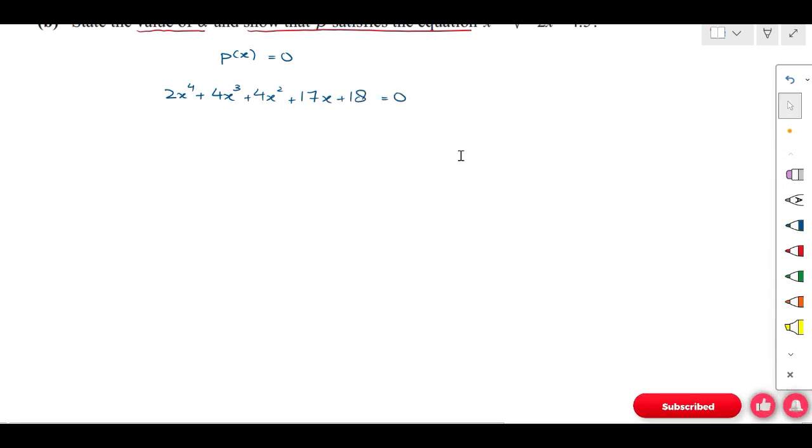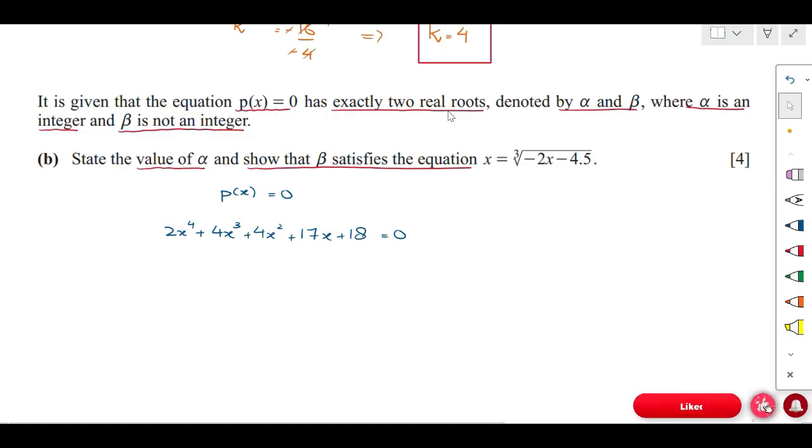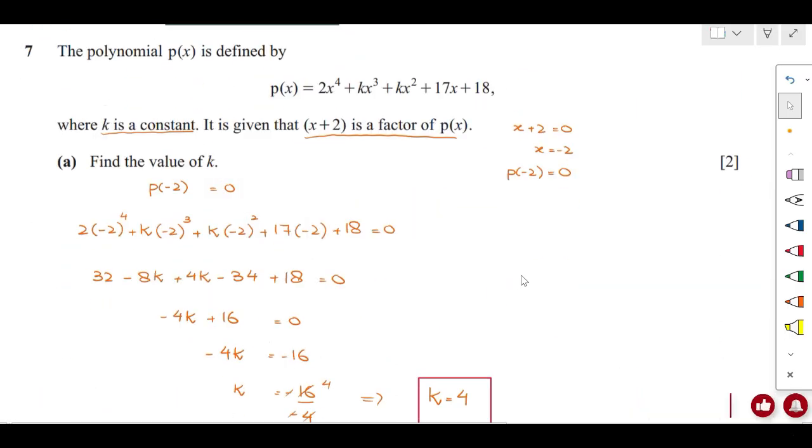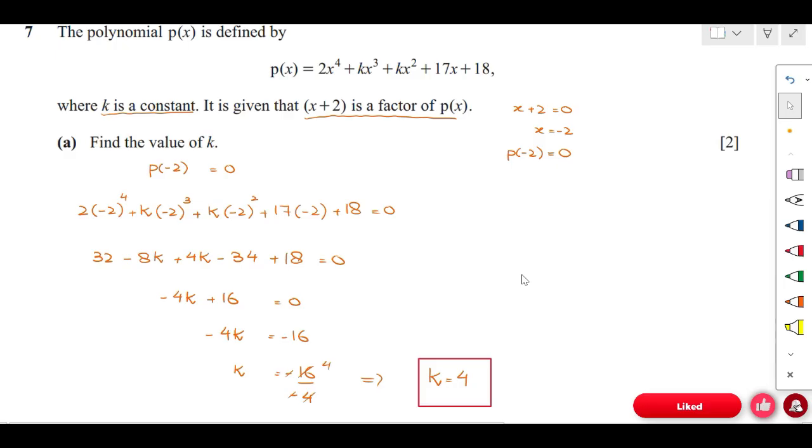So p of x equals 0 has exactly two real roots, and we are given that x plus 2 is a factor of the polynomial. So let me reduce this with the first root.